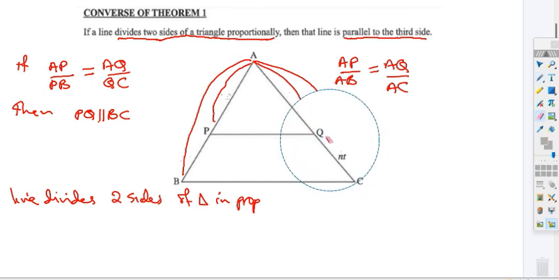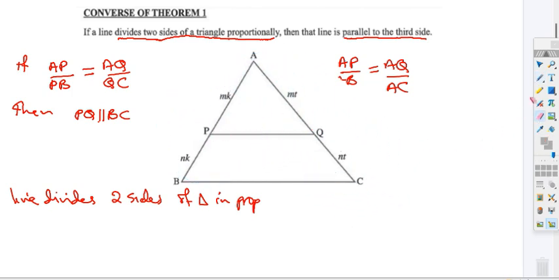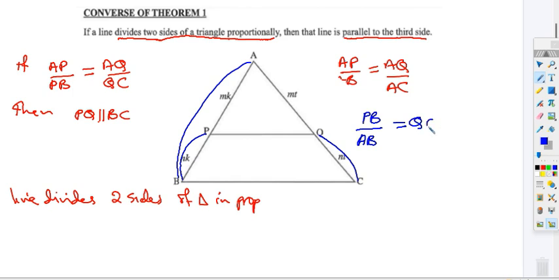And then you also could have, using these ones down here, PB over the big one, AB, that is the smaller one over the big one, is equal to the smaller one, QC, over the whole side there, that is AC.